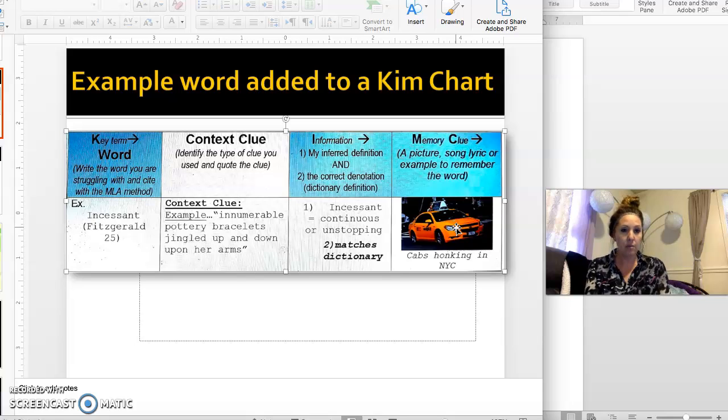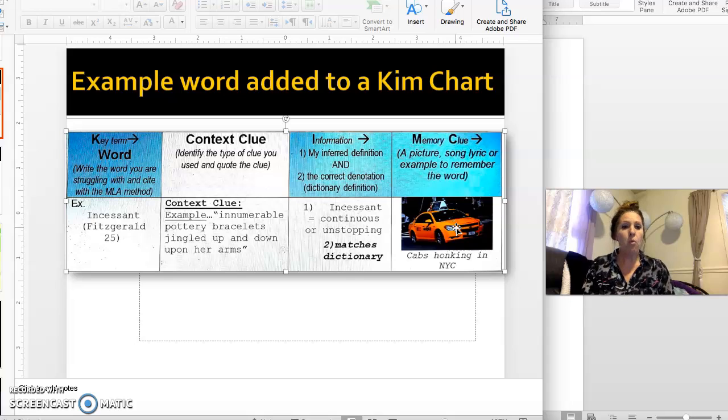Think of how it sounds. And what is that continuous, unstopping sound you hear downtown? Yes, most of us would say we hear cabs honking downtown nonstop. They're incessant. And so this would be a nice little image or memory clue, the cabs in New York City, to help us remember the meaning of the word incessant.